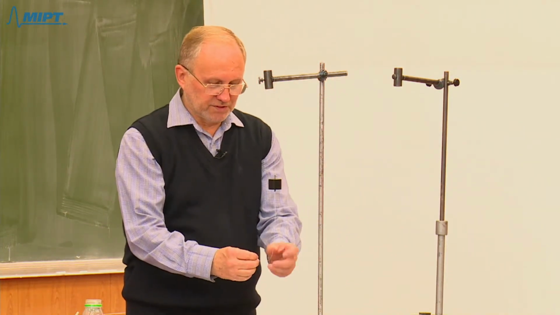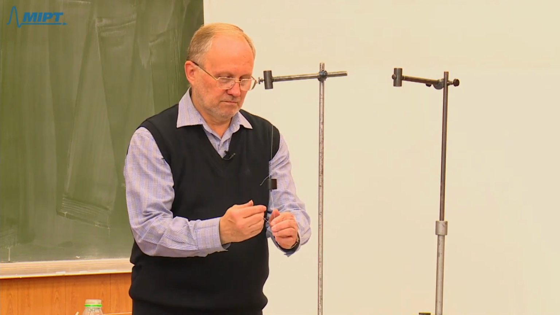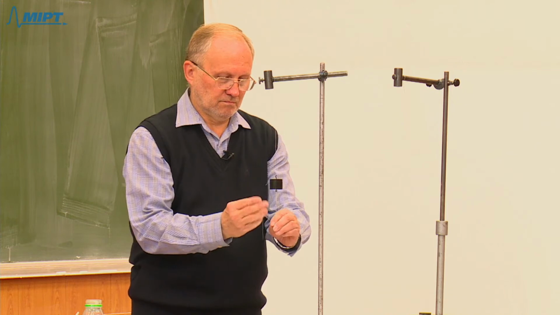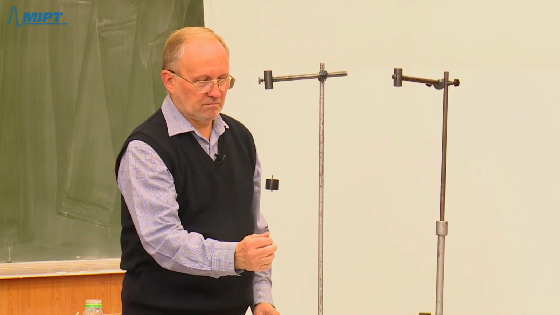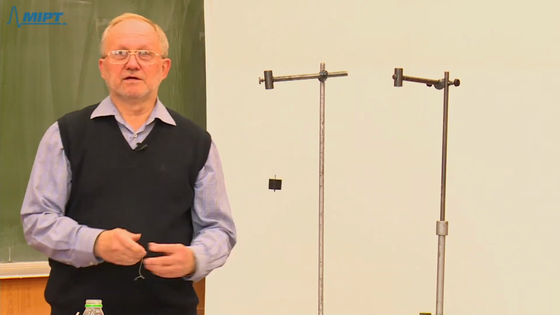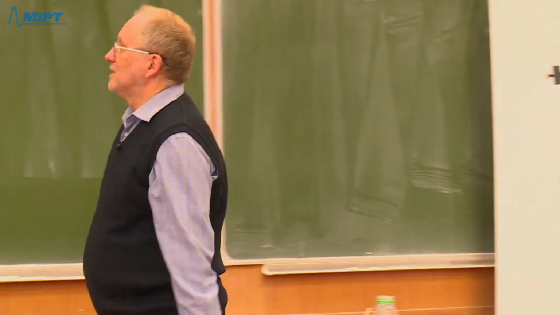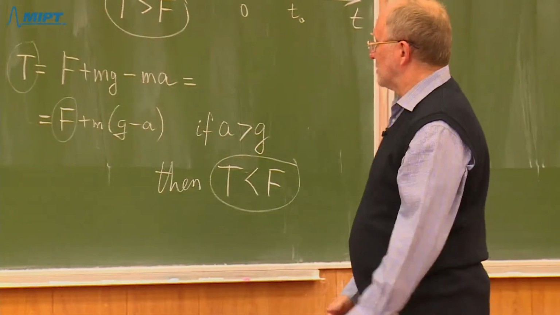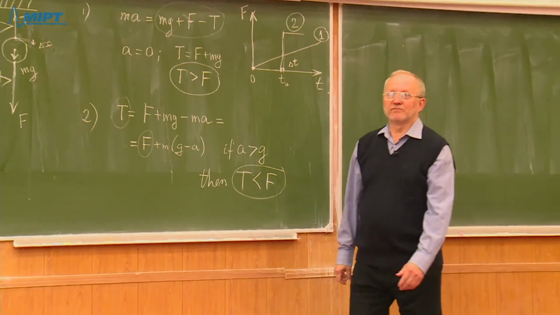Now I will try to pull the string quickly. That is, the lower string has broken. Exactly in accord with what we have considered here, exactly in compliance with this theoretical consideration.